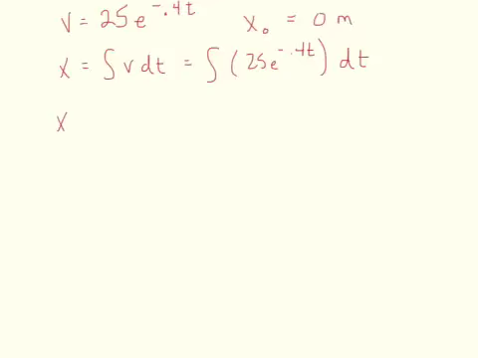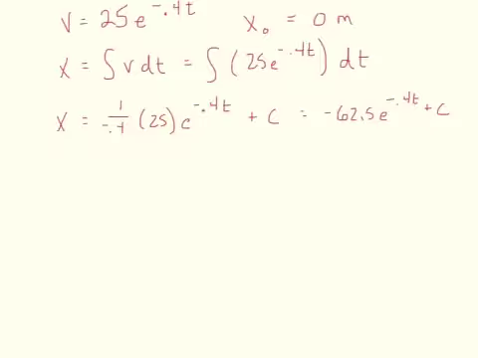And so if I integrate that equation right there, I'm going to get 1 over negative 0.4 times 25 times e to the negative 0.4 t plus c, which works out to negative 62.5 e to the negative 0.4 t plus c.